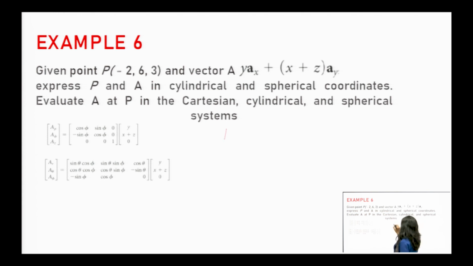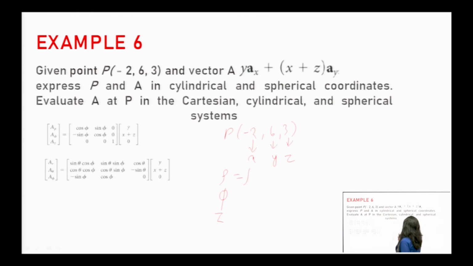As we know, this is the point -2, 6, 3, which is given in Cartesian coordinates, it means the value of x is this much, y is this much, and z is this much. Based on these values we can find rho, phi, z, because in cylindrical coordinates the parameters are rho, phi, z.